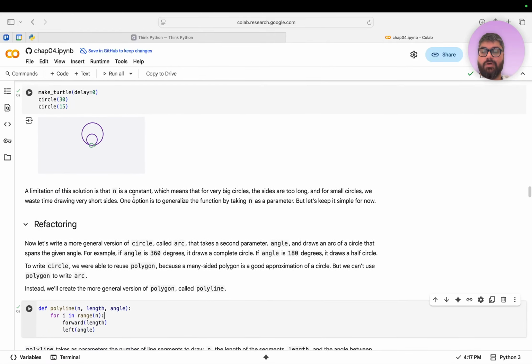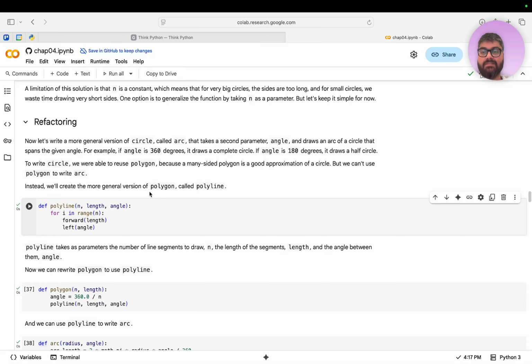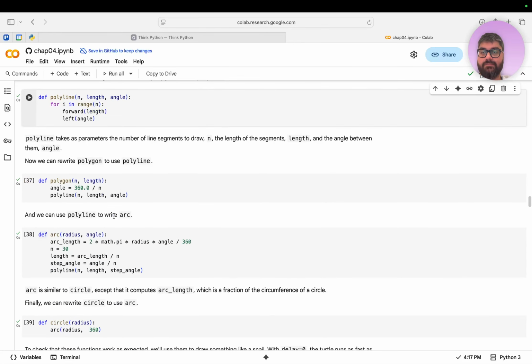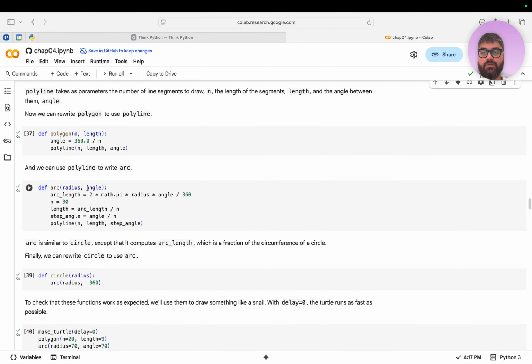And then in polygon, we pass the angle 360 by N into polyline, or in arc, we calculate the length of the arc that we want, right? So someone gives us the radius and the angle, and that allows us to calculate the arc length.